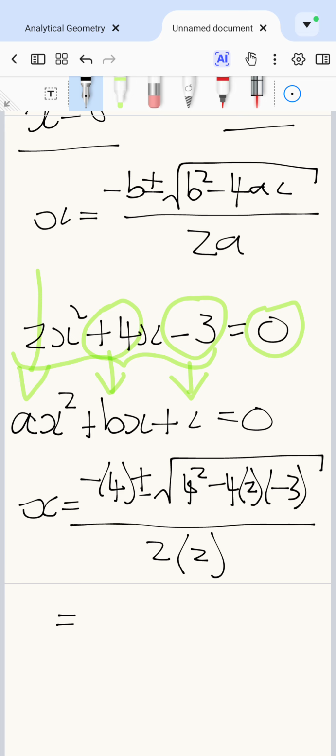I need the decimal form. So you're going to say x equals 0.58, and then your other solution, x equals, my second solution is minus 2.58.